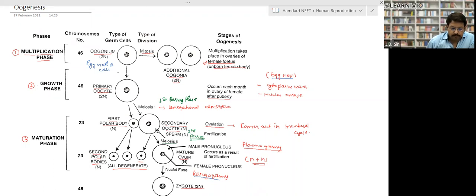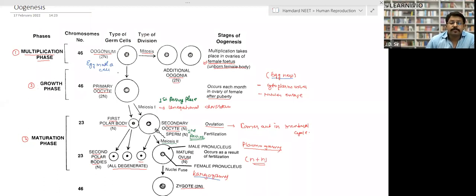Full stop. One daughter cell is extremely small, whereas another is larger one. Full stop.